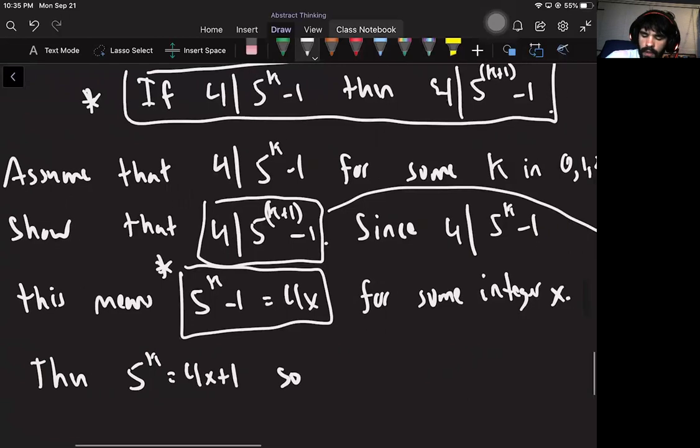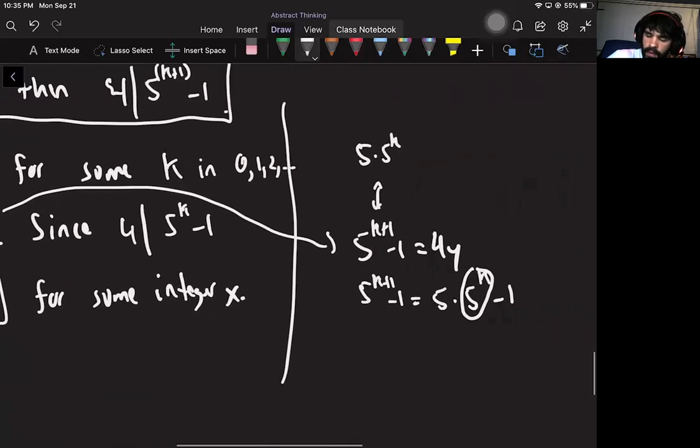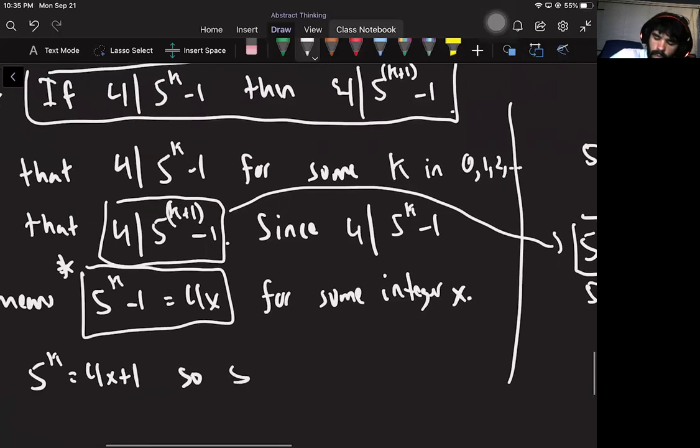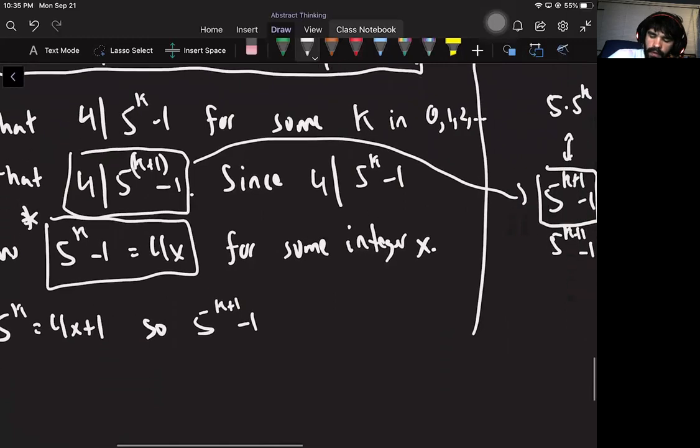So what can I do? I can look at this guy, which I know I want to equal 4 times something later. So I'm just going to start with it and see what happens now that I have solved for 5^k. This equals 5 times 5^k - 1.